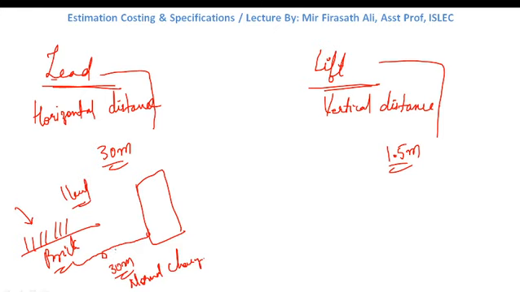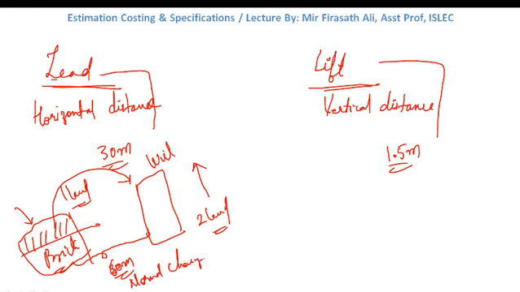Suppose the distance between the dumped resources and the site is 60 meters, we take it as 2 lead. What does this 2 lead mean? The transportation charges of this brick to this site will increase.